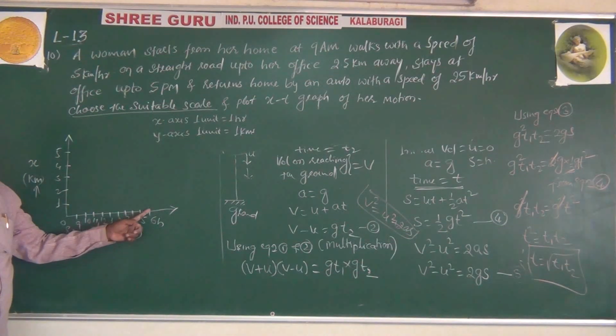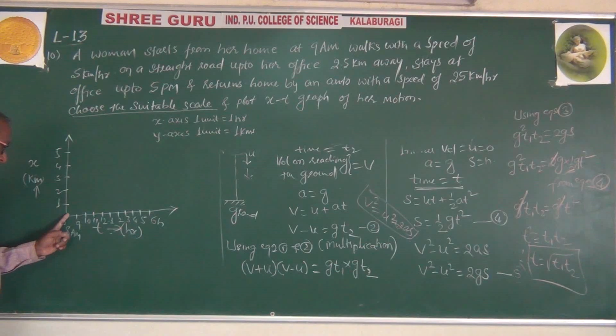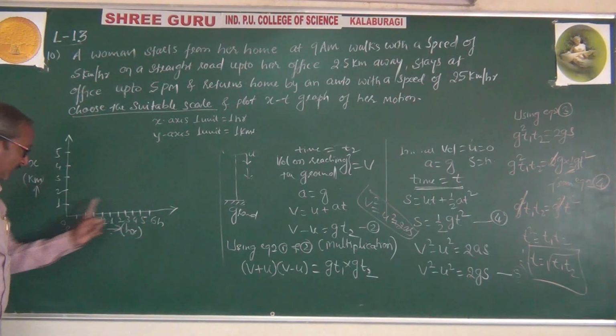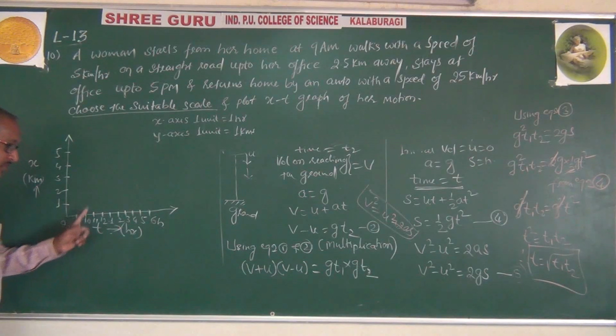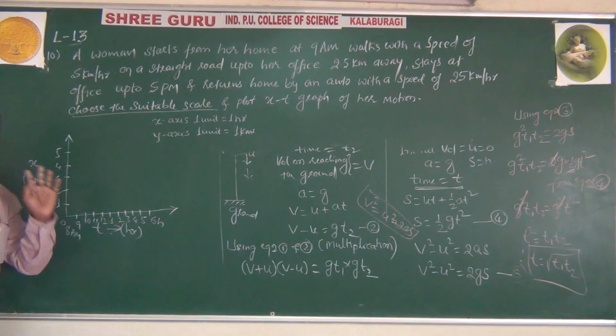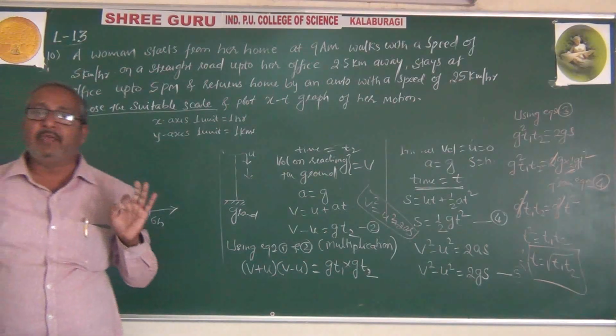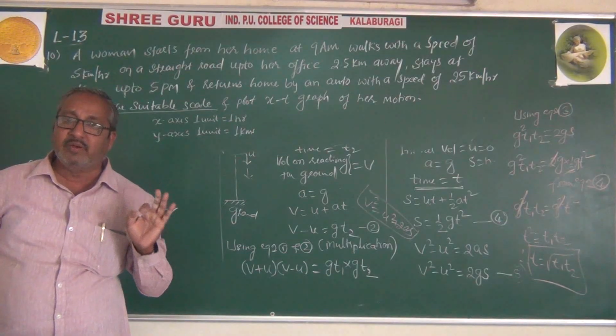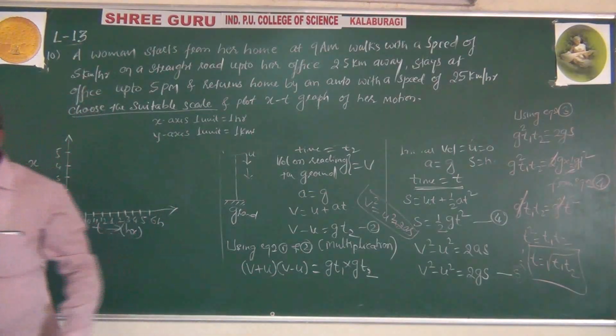So you will get the curve like this, then like this. But here you have to find out the time positions here and there. Try to do it. Remaining we will go for the second.